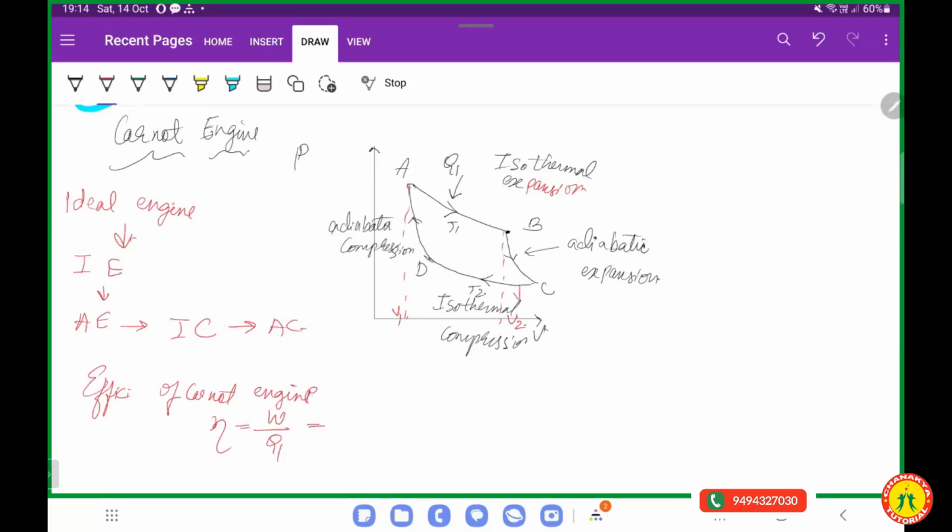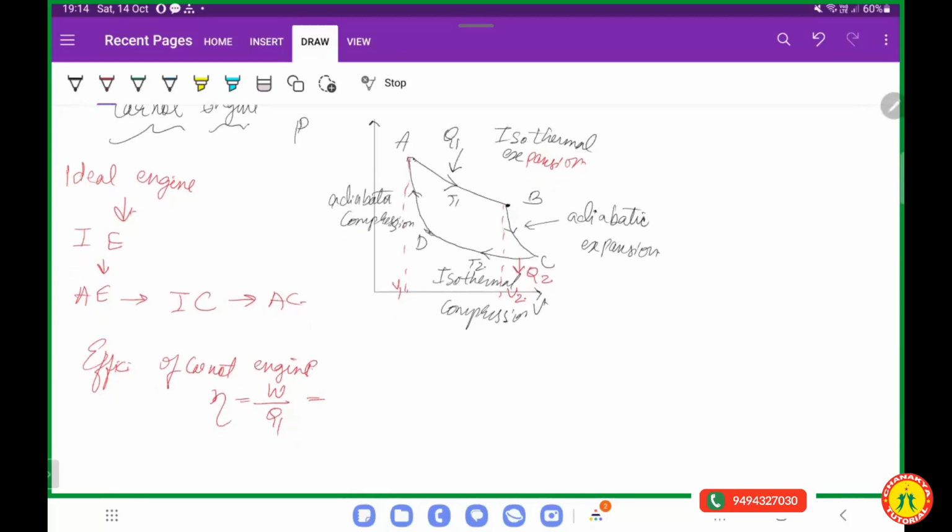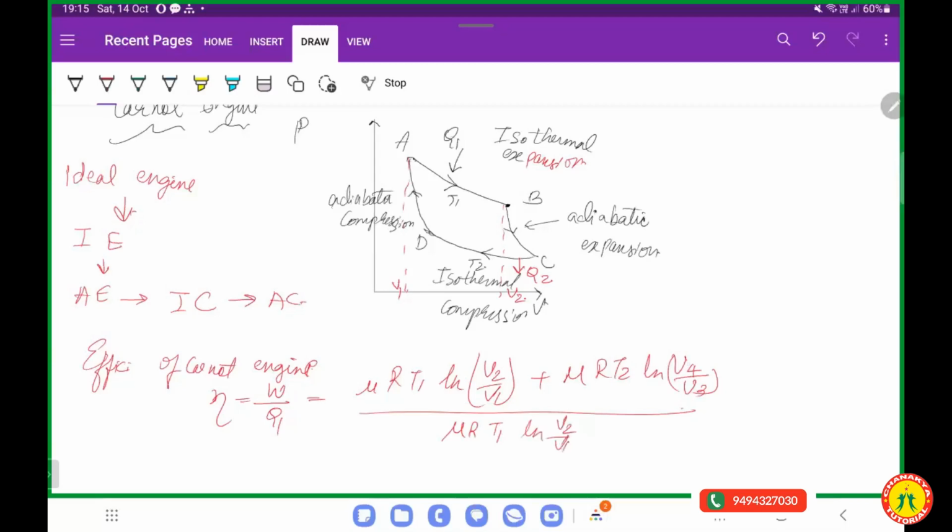So if it is Q1 entering here, Q2 will be this side. So μ R T1 ln V2 by V1 plus same way μ R T2 ln V4 by V3, divided by μ R T1 ln V2 by V1. So μ R we can cancel it.